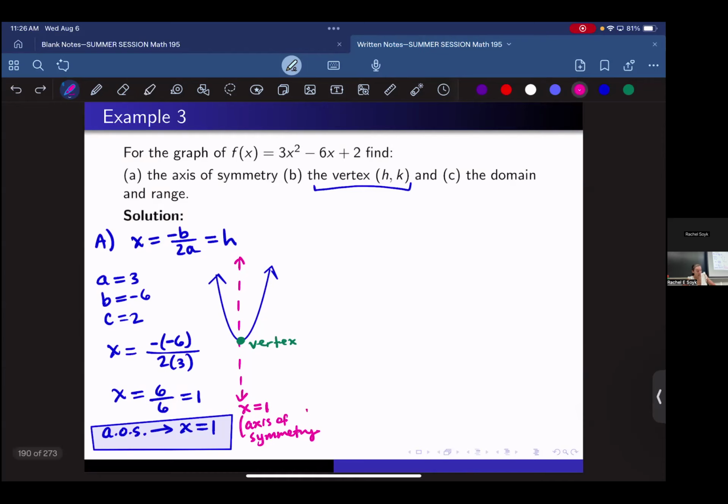Part B, now we want to calculate the vertex. How do we do that? We have our h value. We just plug that h, which is 1, into the original function, and then compute.